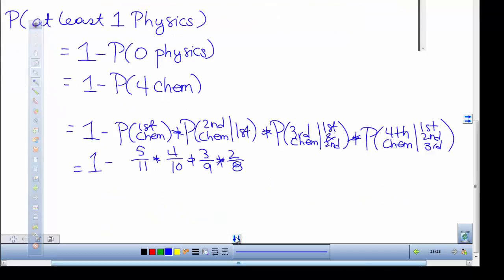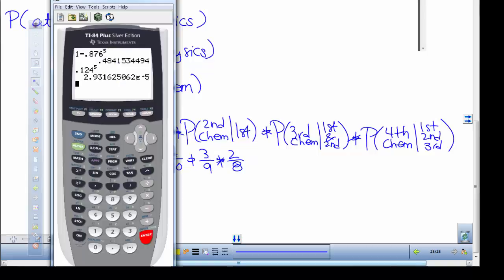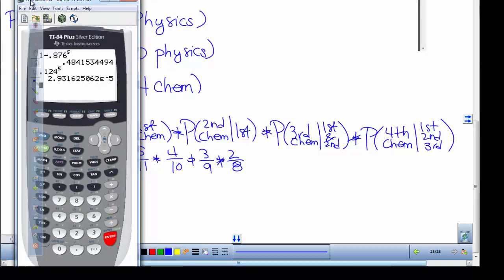Okay, on our calculator, we would get 1 minus 5 times 4 times 3 times 2 divided by 11 times 10 times 9 times 8, or 0.9848.